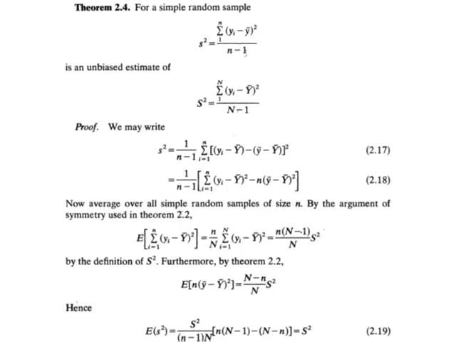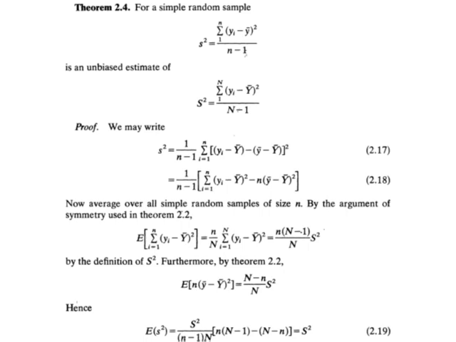By the definition of capital S square, furthermore, by Theorem 2.2, the expectation of n times (y bar minus capital Y bar) all squared is equal to (capital N minus n) over capital N times capital S square.